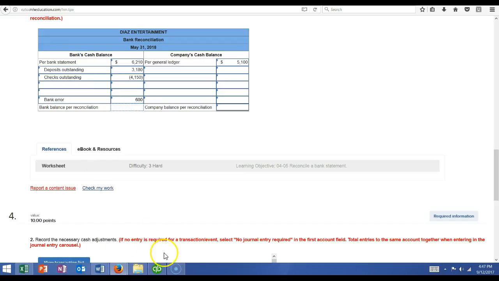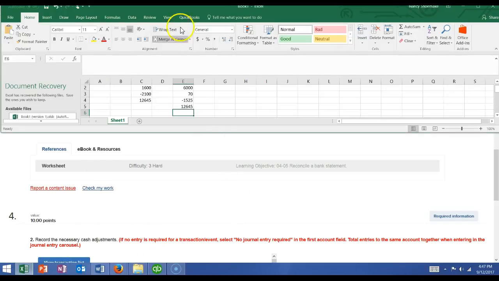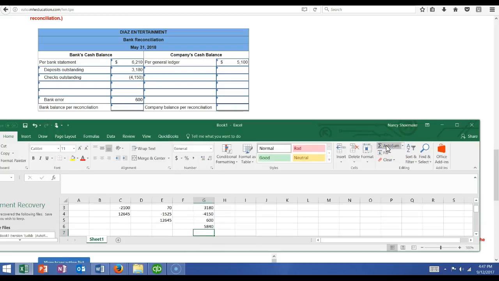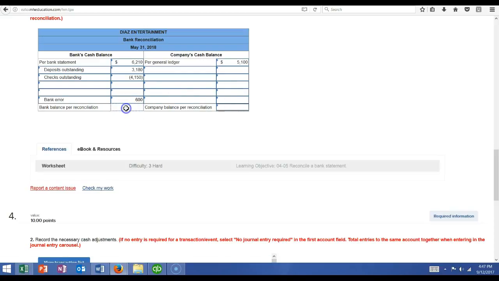So right now, based on this information, I have the $6,210, the $3,180, the minus $4,150, and the $600 would give me a balance of $5,840.